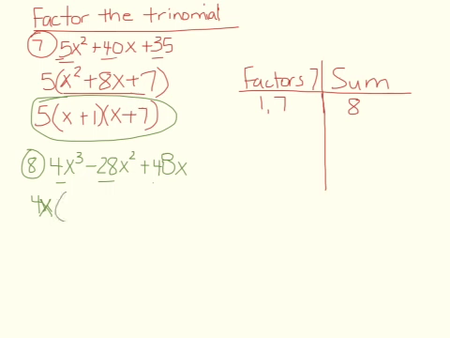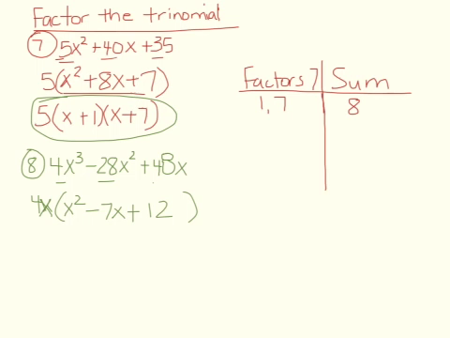So I'm pulling a 4x out, and that leaves me with 1x squared for the first one minus 7x plus 12. Because 4x times x squared is 4x to the third. 4x times negative 7x is negative 28x squared. And 4x times 12 is 48x.